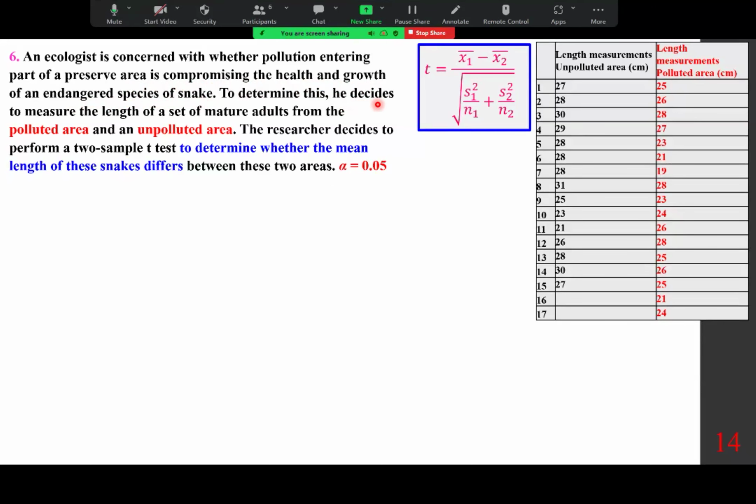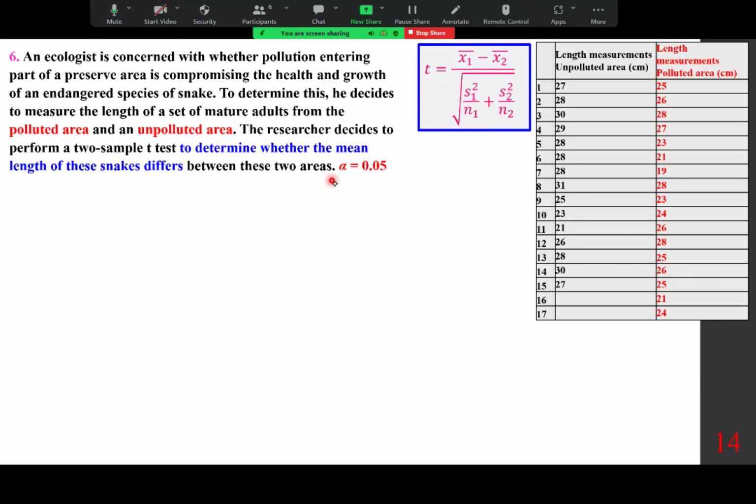To determine this, he decides to measure the length of a set of mature adults from a polluted and an unpolluted area. The researcher decides to perform a two-sample t-test to determine whether the mean length of this snake differs between these two areas, with alpha being 0.05.